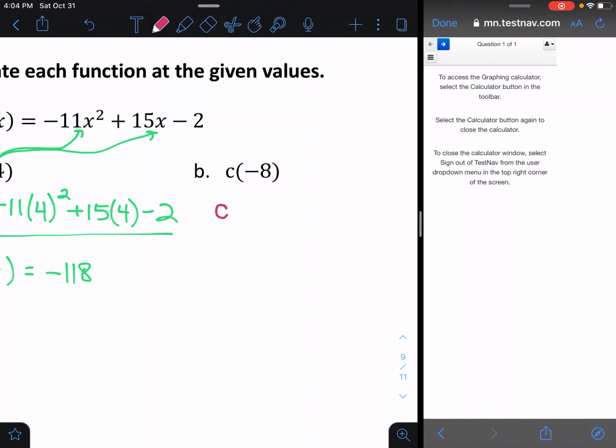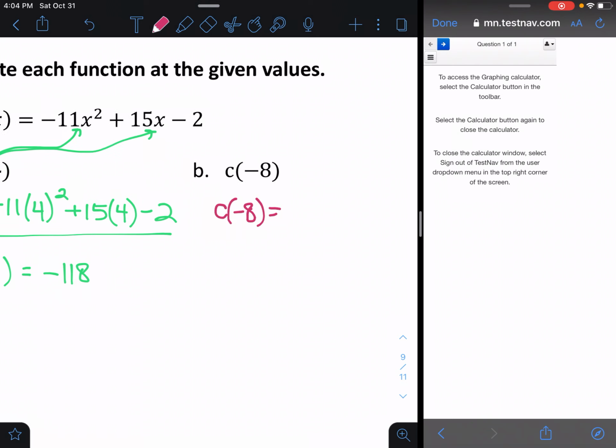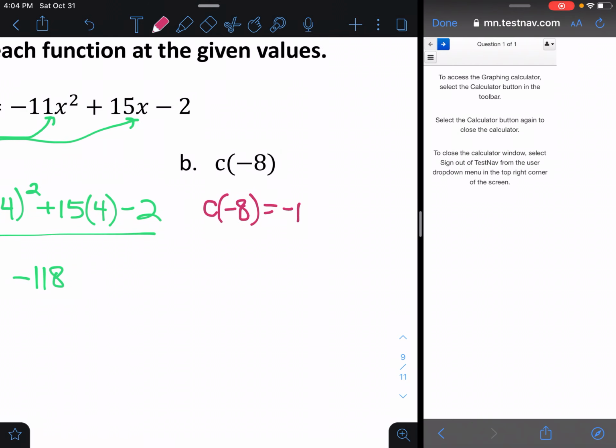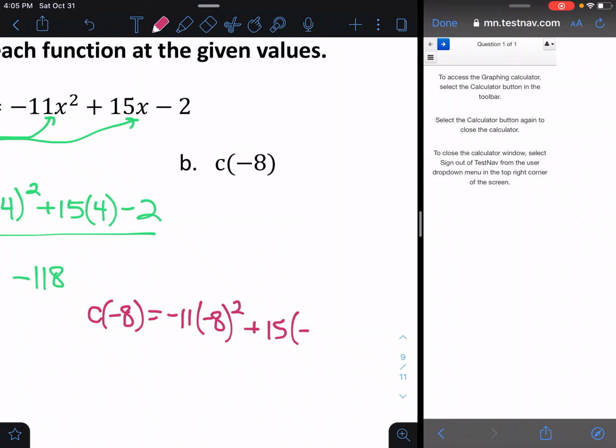So c of negative 8 equals negative 11 times negative 8 squared, plus 15 times negative 8, and then minus 2.